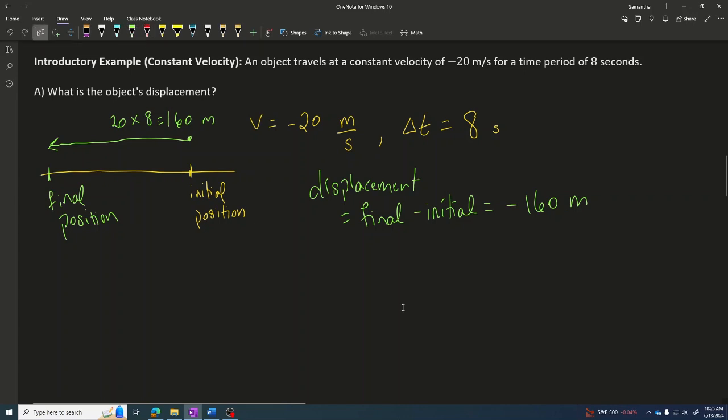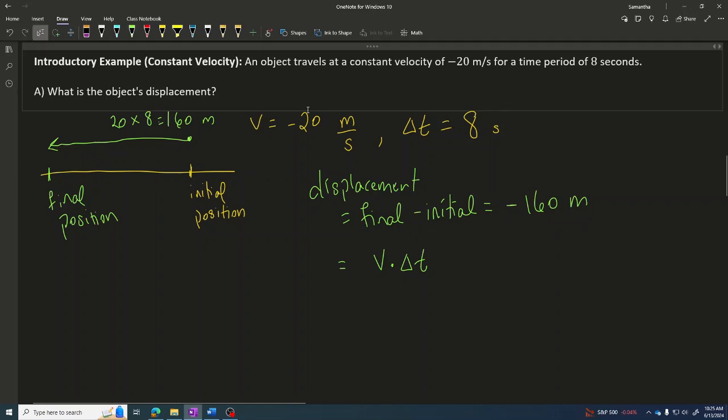In other words, the displacement is exactly equal to the velocity, with its negative sign on the 20 to indicate the object is moving backward, times the time interval. Velocity times time interval is exactly equal to displacement if you have constant velocity.